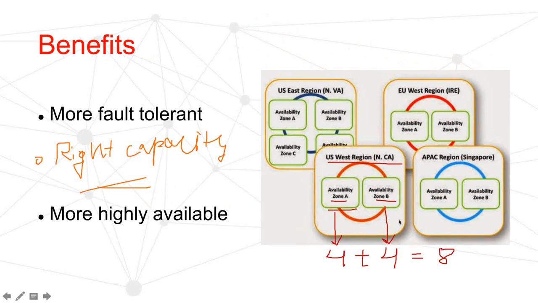Now something went wrong and your Zone A goes down. If Zone A goes down, it's quite obvious that these 4 instances would not be available. What will happen is that the auto-scaling, based upon the configuration and the thresholds you define, will launch 4 more duplicate instances in Zone B, so that you always have the right capacity of 8 instances to support your architecture.